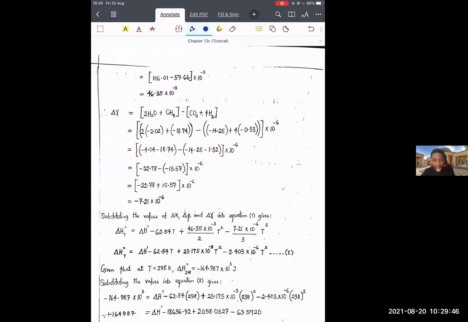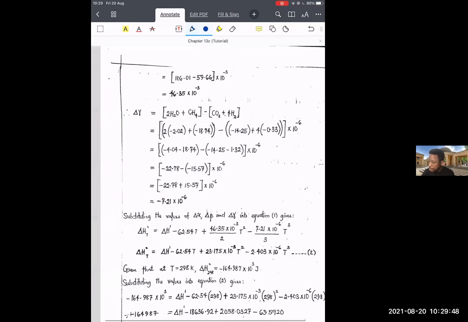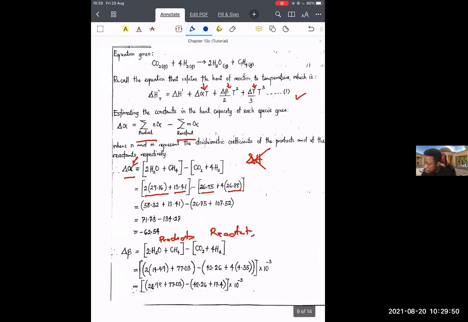So we've got our alpha value, we've got our beta value. You might want to write it down somewhere as well. For our alpha, we've said change in alpha is minus 62.54.